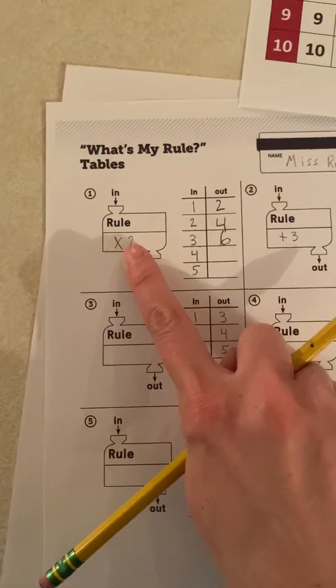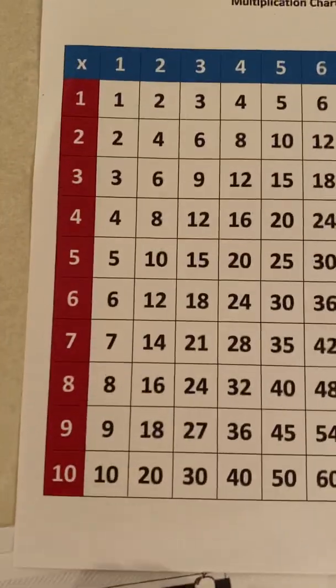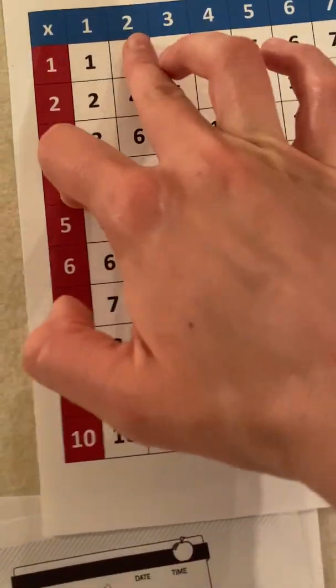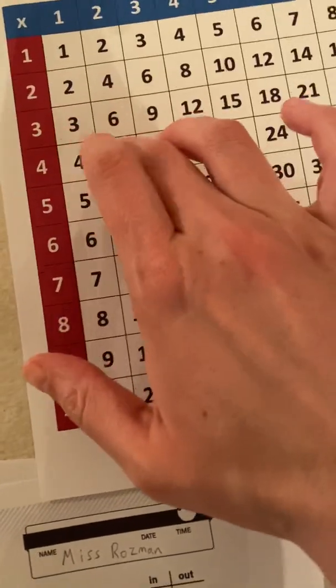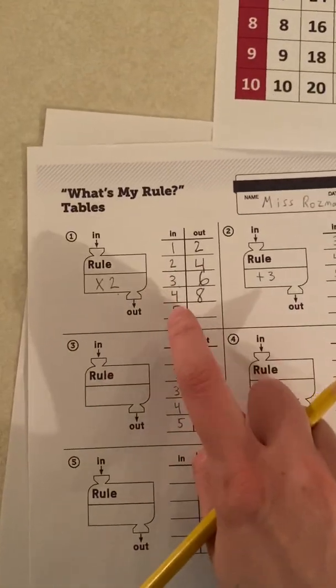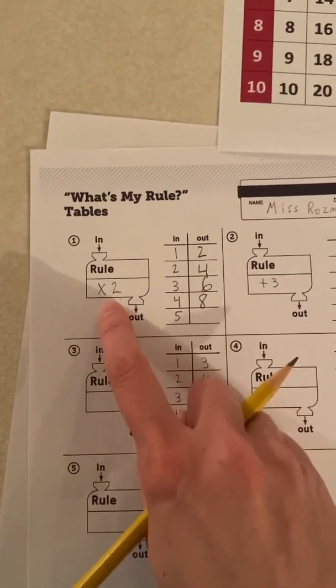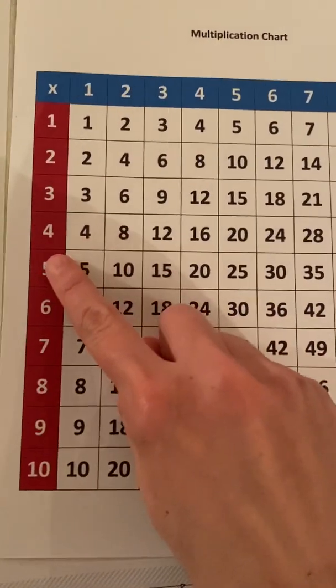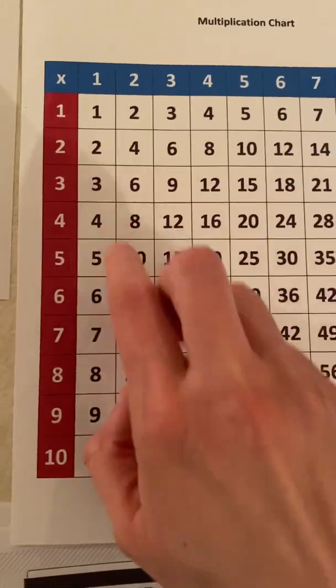Let's check it out. 4 times 2 is 8. What if I put in a 5? What's 5 times 2? 5 times 2 is 10.